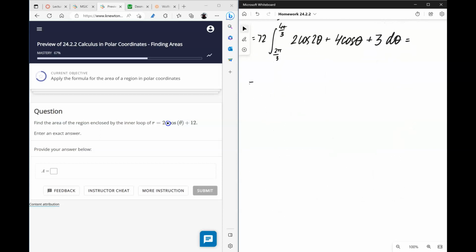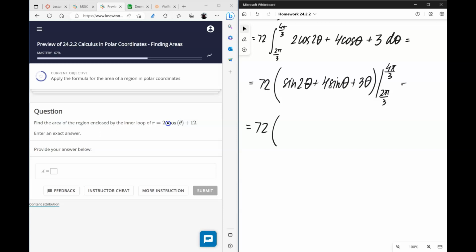Now we're going to integrate. So we have 72 times sine of 2 theta plus 4 sine of theta plus 3 theta from 2 pi over 3 to 4 pi over 3.